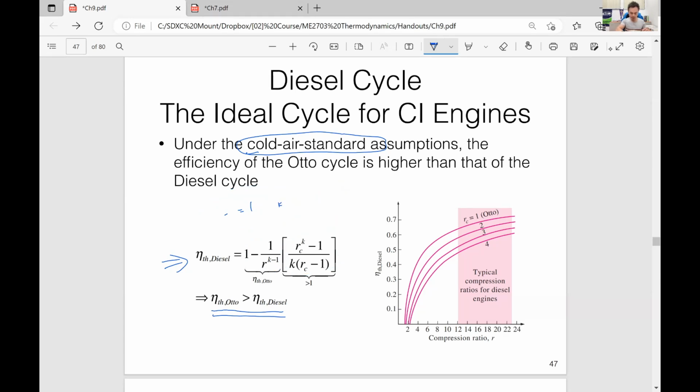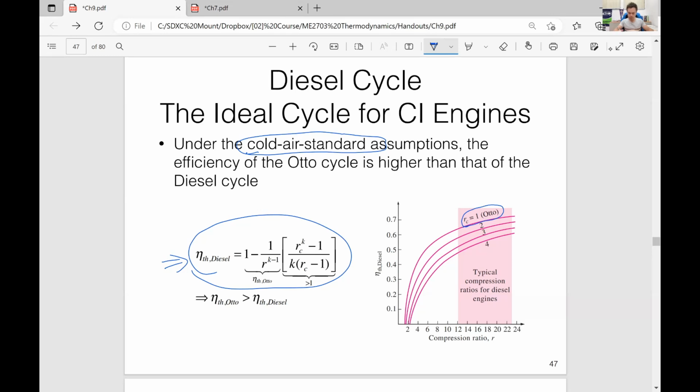But no matter what, you can see that the efficiency of a diesel cycle is a function of compression ratio, cutoff ratio, and specific heat ratio. If you make the compression ratio the same, then the efficiency of a diesel cycle depends on the cutoff ratio. If the cutoff ratio is 1, then this reduces to an Otto cycle.